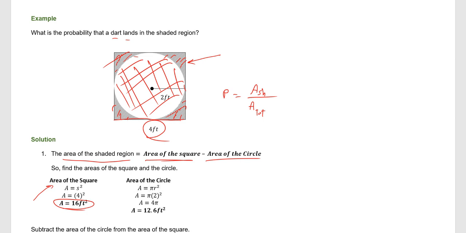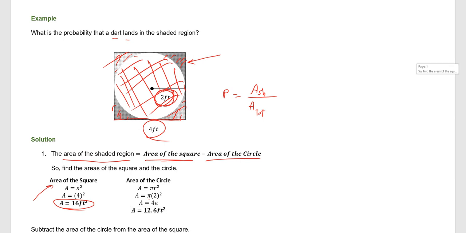The area of the circle is pi r squared, so pi times r, which is 2 feet, squared. So the area of the circle is 12.6 feet squared.